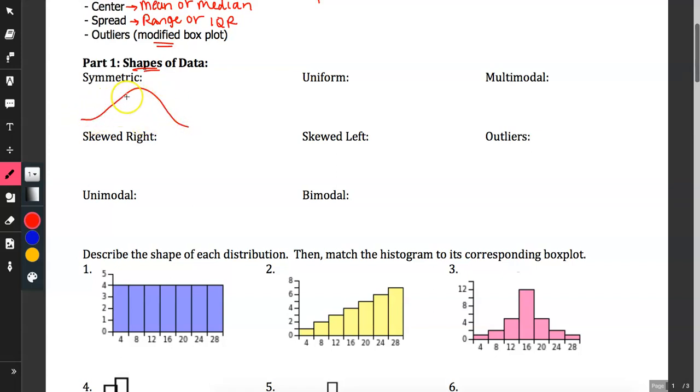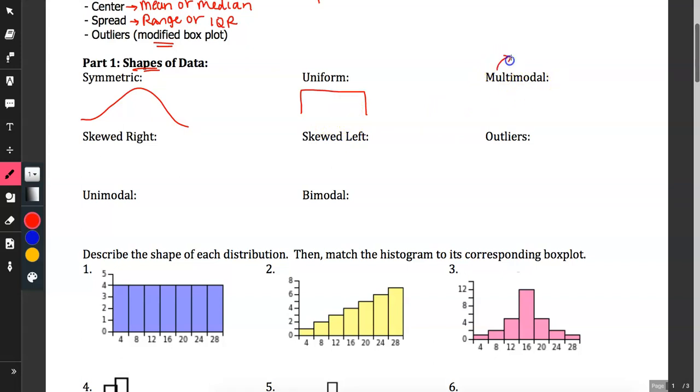It looks about even on both sides, where you could fold it in half and it would match up nicely. Uniform might look something like this, where all the frequencies are the same. 5 people fell into each category, would look very uniform. There's not one most common answer.